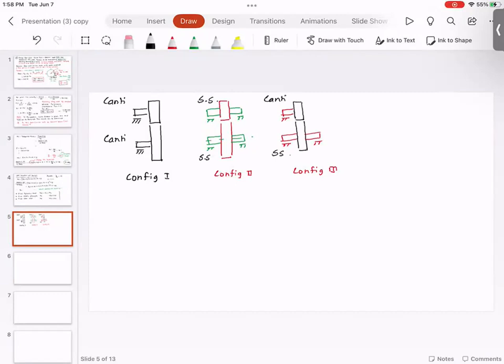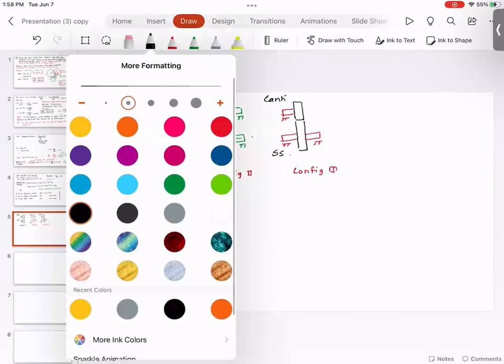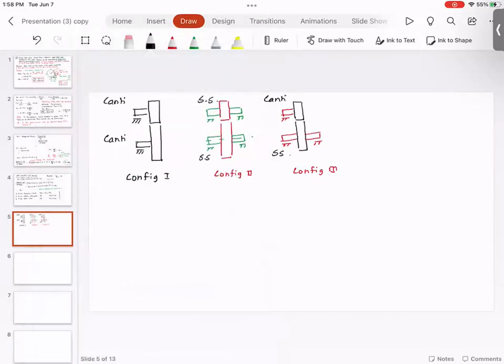Now, what is the advantage of each configuration? If you look at the cantilevered, if you want to construct the housing, it is going to be something like this.